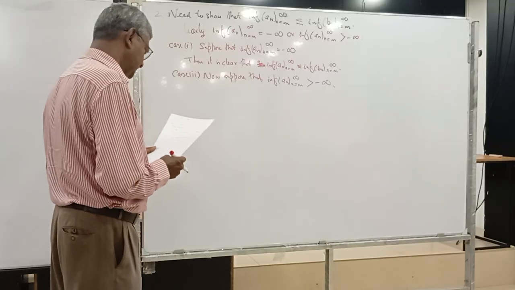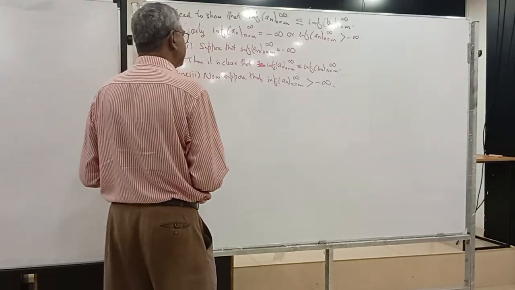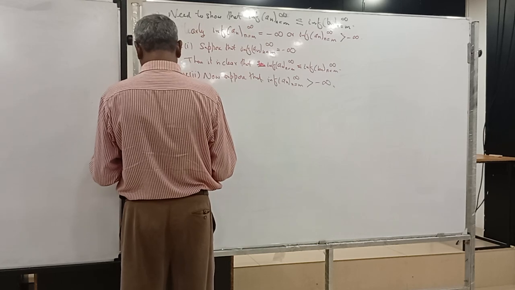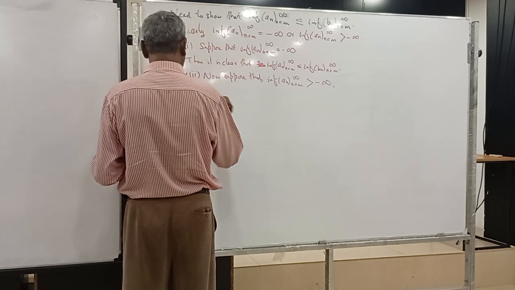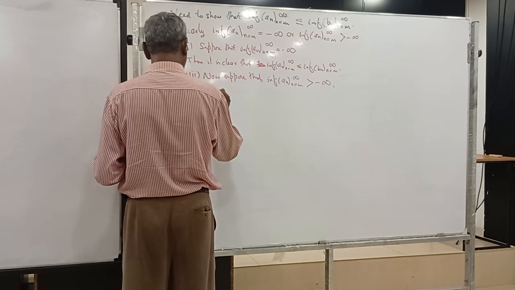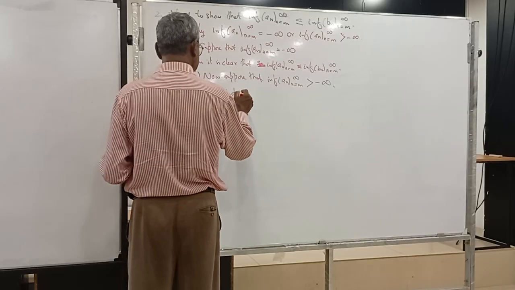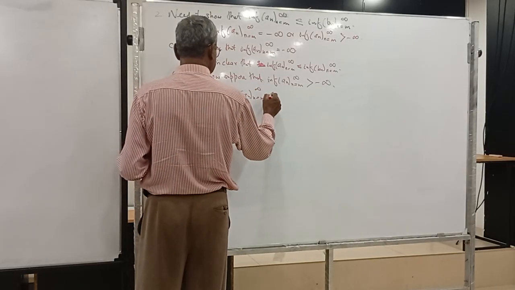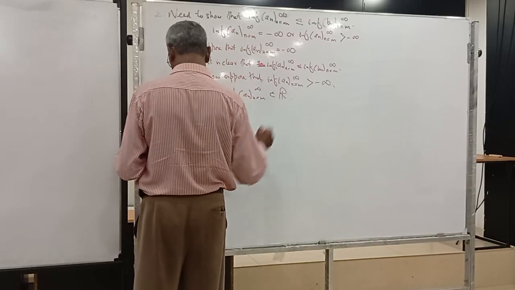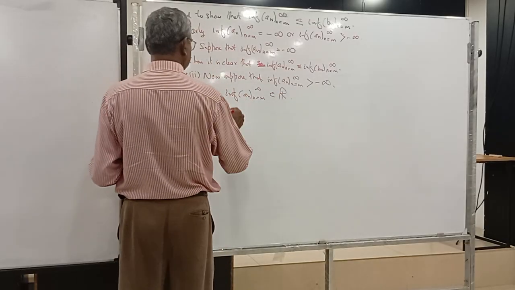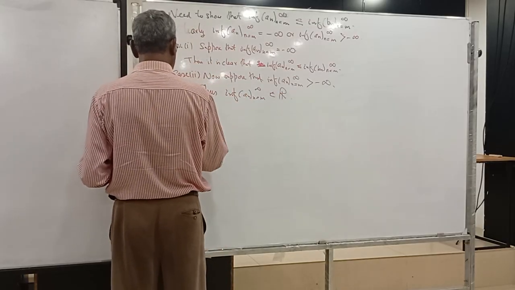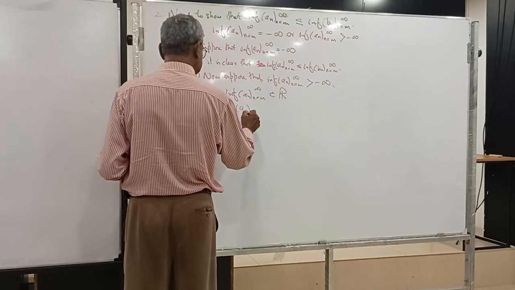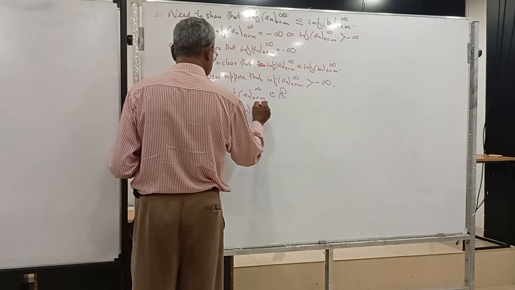Again you have to tell me why. So next day. Thus inf a n, n going to infinity, is a real number, belongs to R. Let mu equal inf a n, n going to infinity.